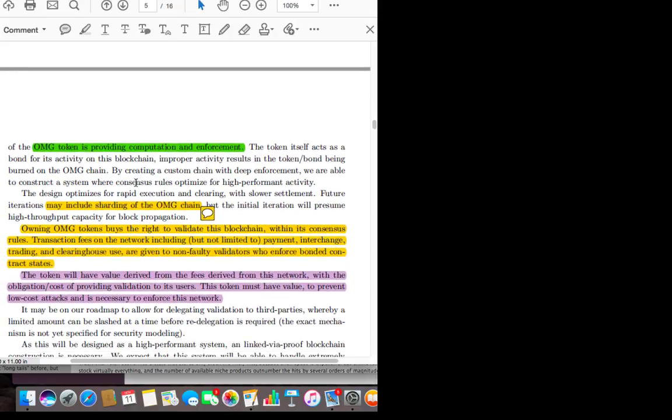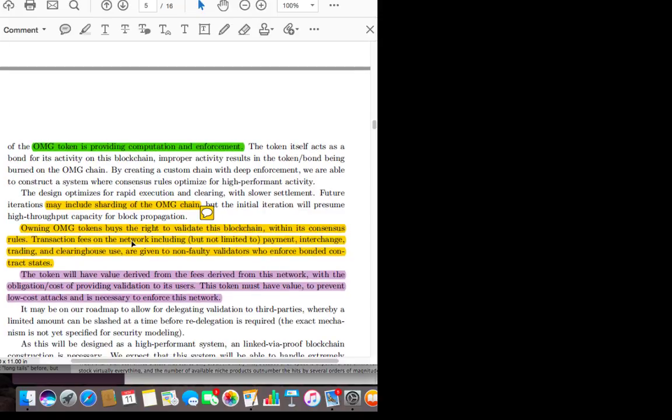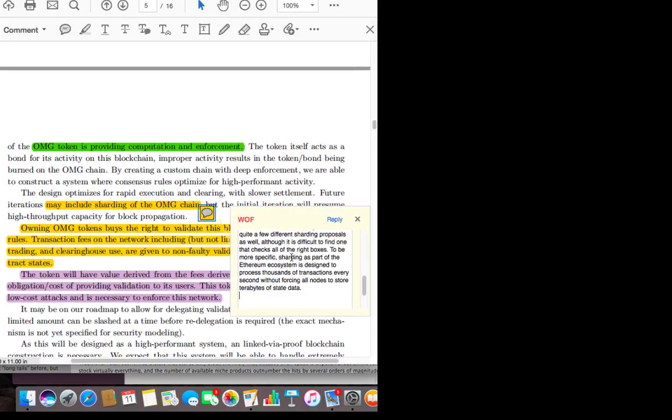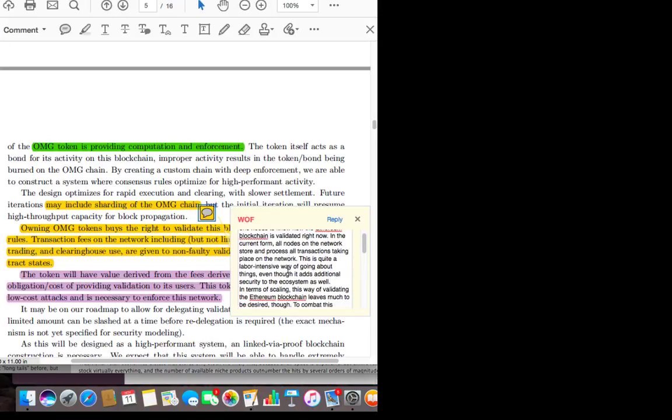Future iterations may include sharding of the Omisego chain. Now, all nodes on the network store and process all transactions taking place in the network. But what they're saying here is that obviously that increases the requirements, and it's very labor intensive to do those transactions.